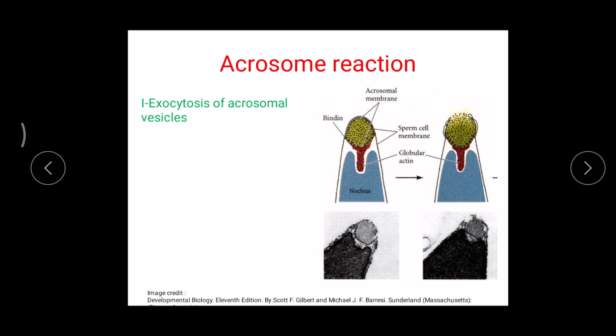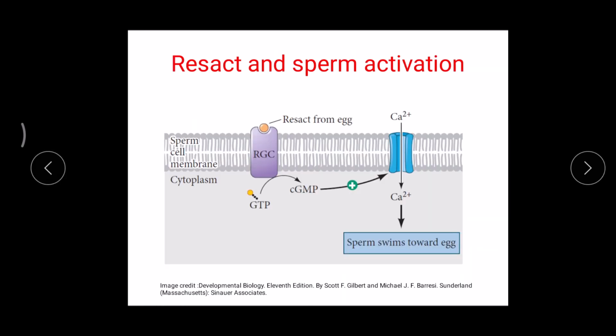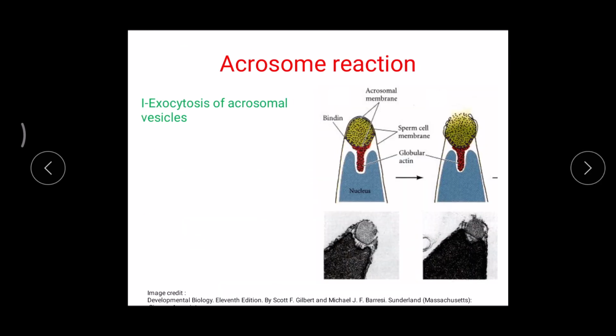We just saw in the last figure that the resact causes an increase in calcium level in the sperm head, and that is the trigger that initiates the fusion of these two membranes, and once these two membranes fuse, that will bring about the exocytosis of all its contents.